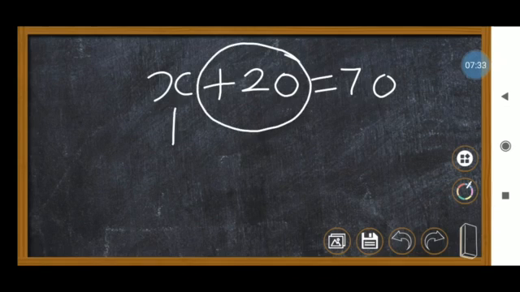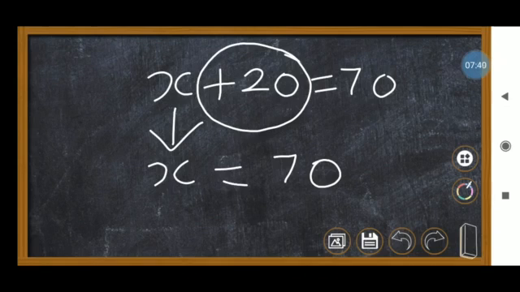So I keep the variable on one side and the numbers on the other side. When plus 20 crosses the equal symbol, going from the left hand side to the right hand side, the sign will change. Plus becomes minus, and minus becomes plus, whenever a term goes to the other side of the equal symbol.